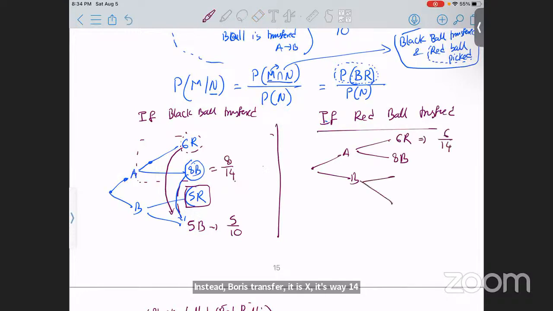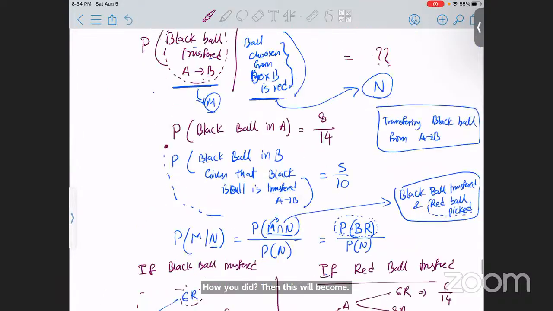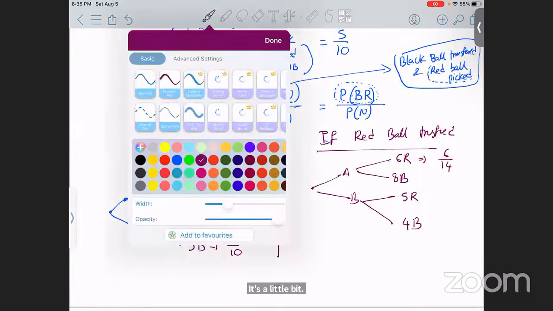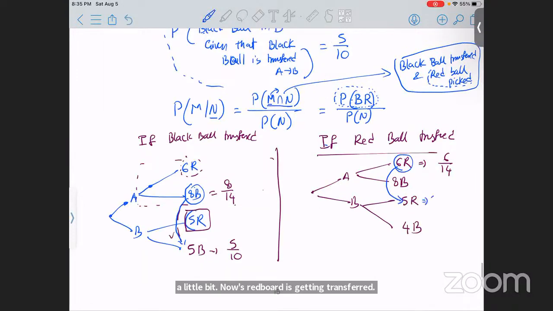Then B will have 5 red plus 1, so 6 red, so total equal to 6 by 10.